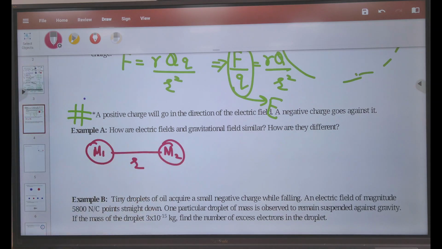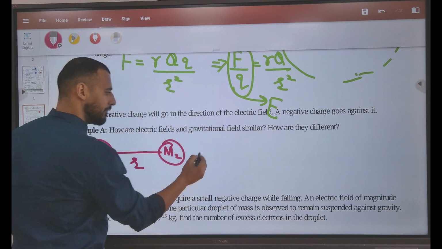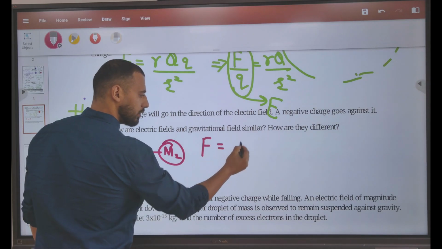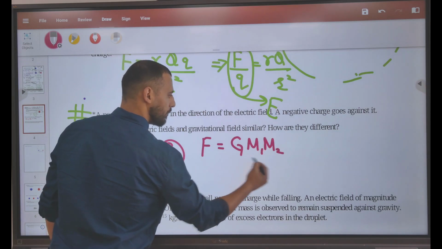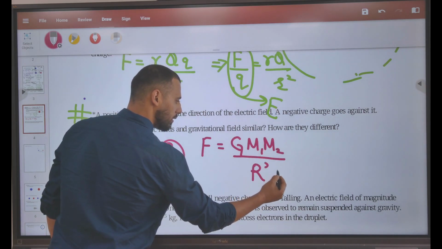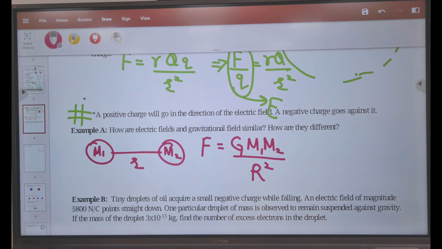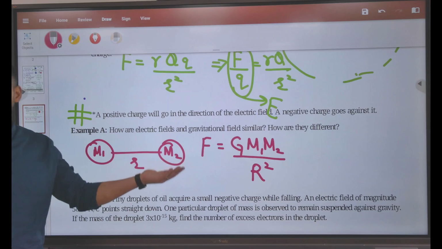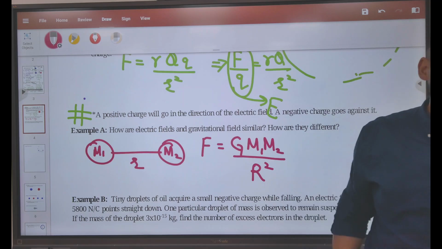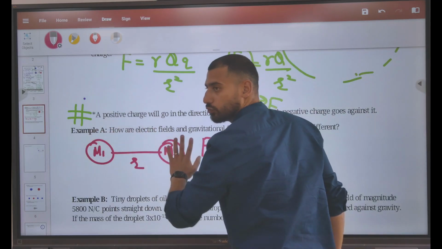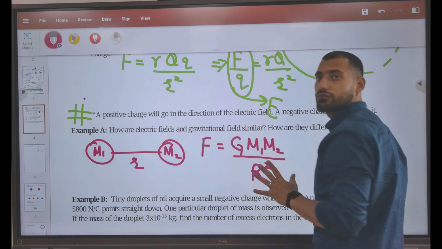What is the gravitational force between the two? F is equal to G m1 m2 upon r squared. You know this expression, right? This is Newton's universal law of gravitation. When there are two bodies of some masses, there is gravitational force between the two.